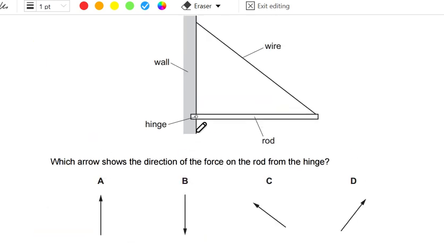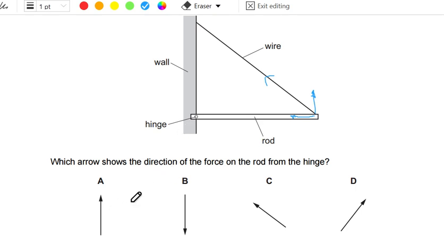Okay, we have here tension, and if we analyze it to vertical and horizontal components, we will find the orientation of the components like that. For the hinge, force cannot be vertical, okay?